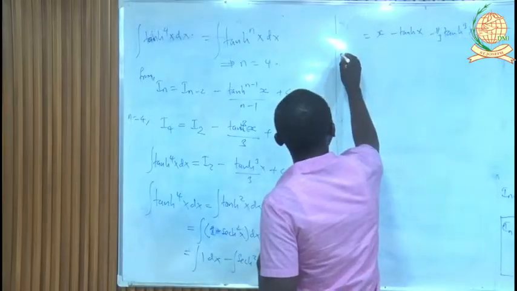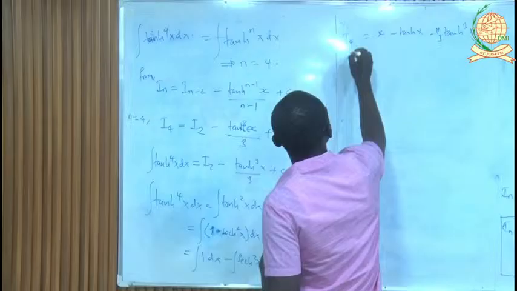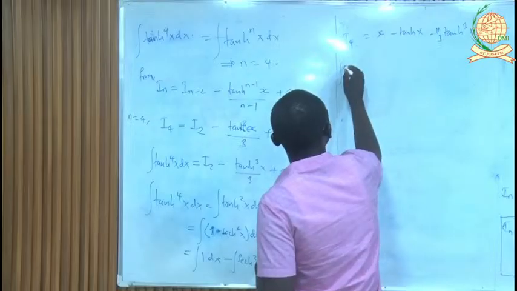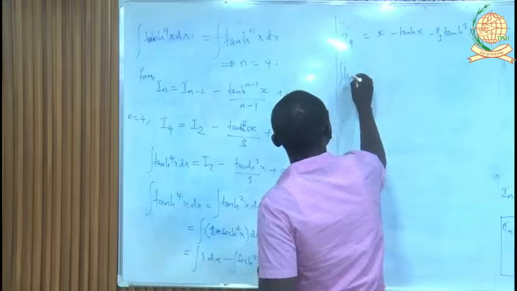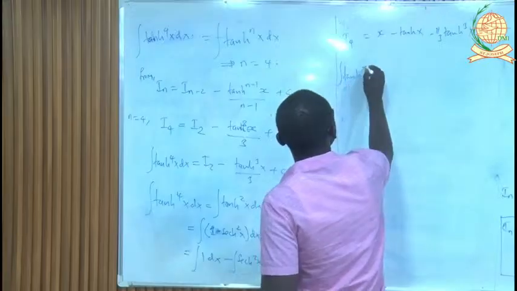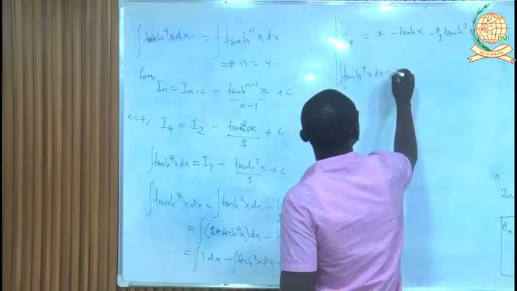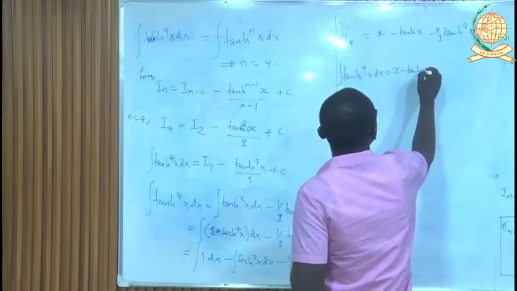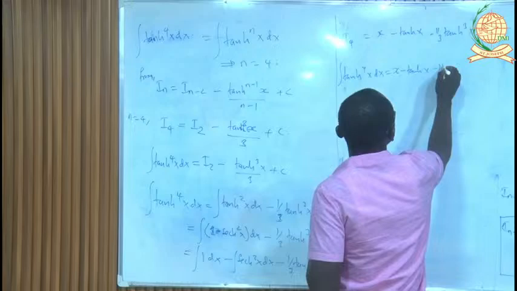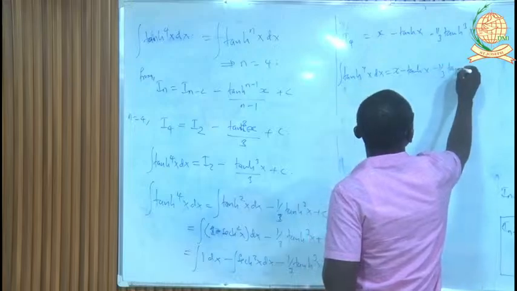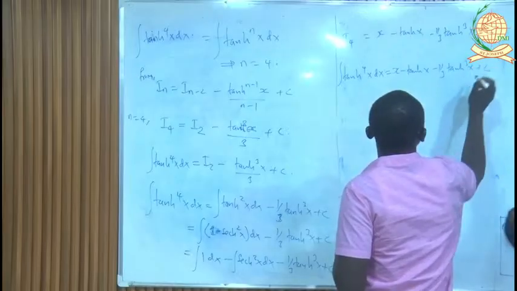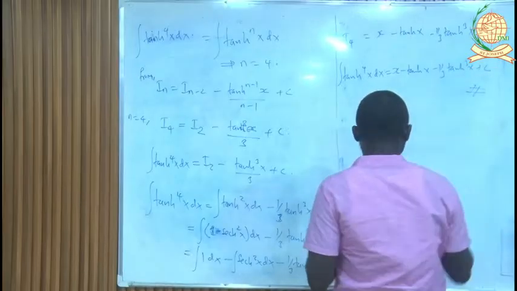So the integral of tanh power 4x dx is x minus tanh x minus 1 over 3 tanh cube x plus c.